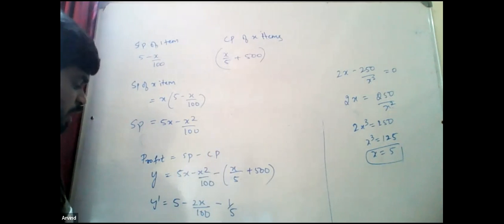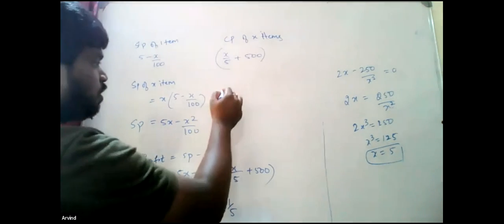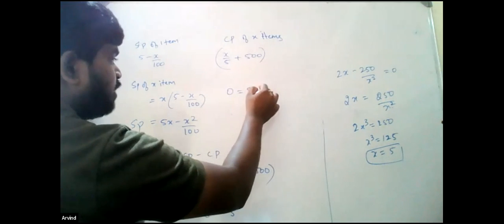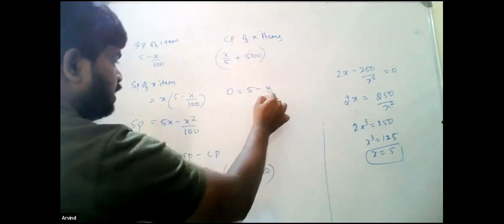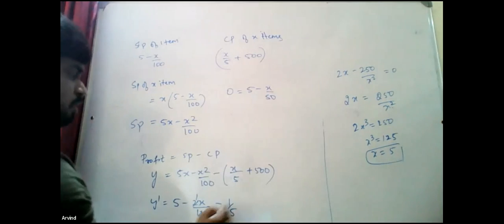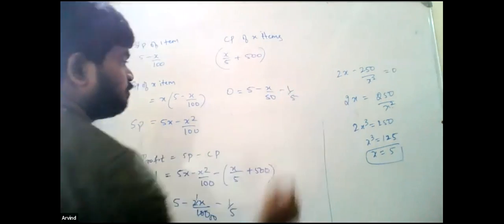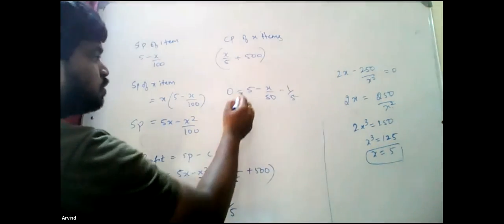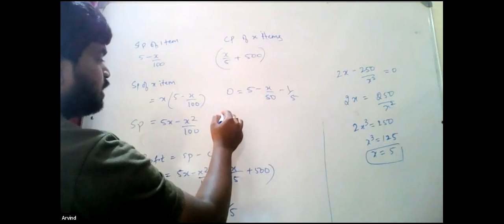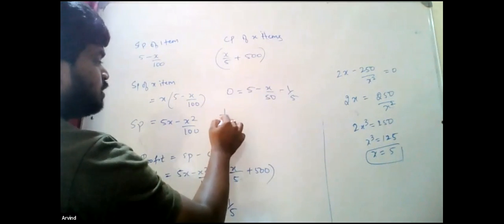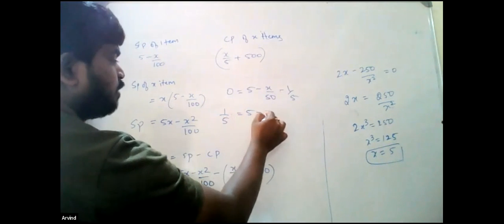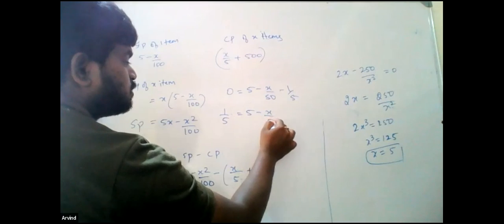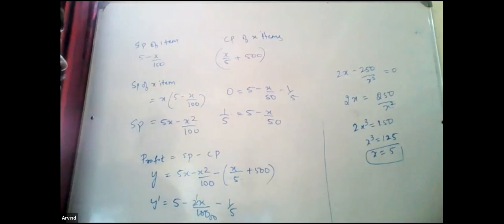So the critical point you have to take as 0. So 0 equals 5 minus x by 50, since 2 ones are 2, 50s are 50, minus 1 by 5. Send this to the other side: minus 1 by 5 becomes plus 1 by 5, equal to 5 minus x by 50.